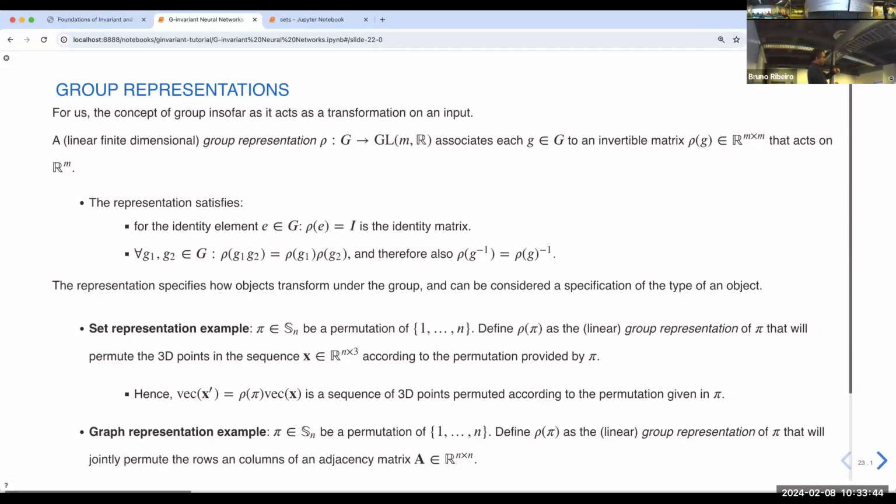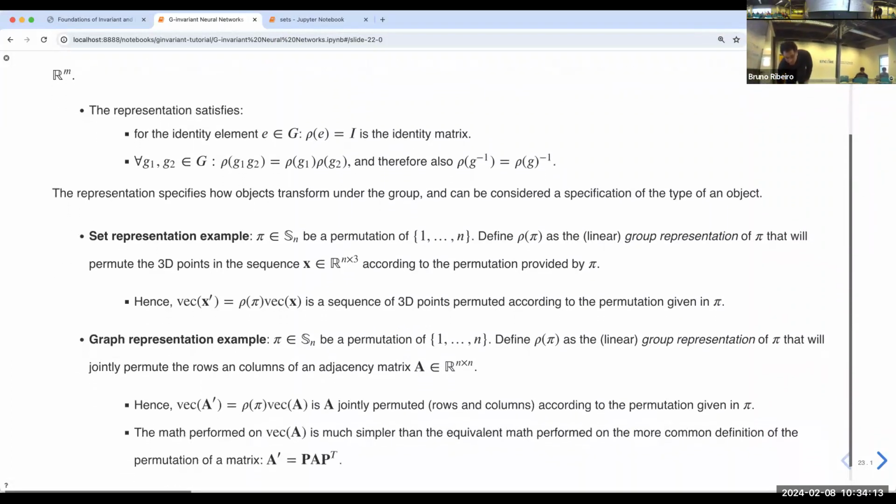But since the embedding has a different space from the input, right? The input is, say, an image, and the embedding could be just two neurons. You need to define what it means to rotate in the two-dimensional space of the embedding. And we are going to use this concept of representations, because the representation for the input is different from that for the output. Okay, it will be more clear when I get there.